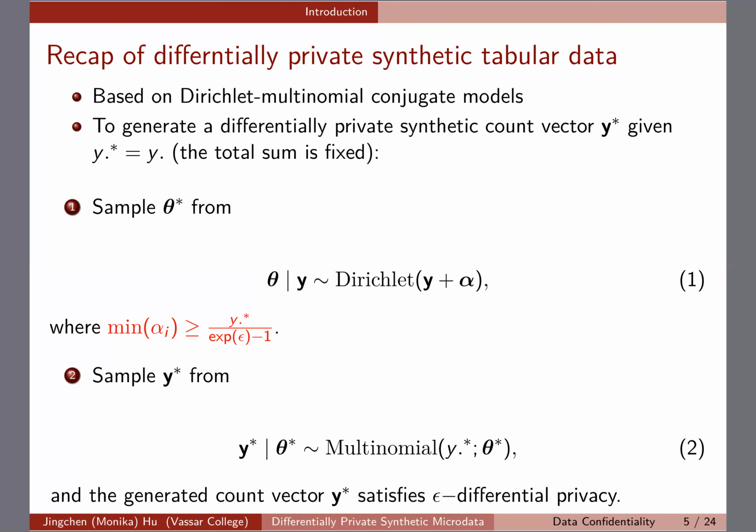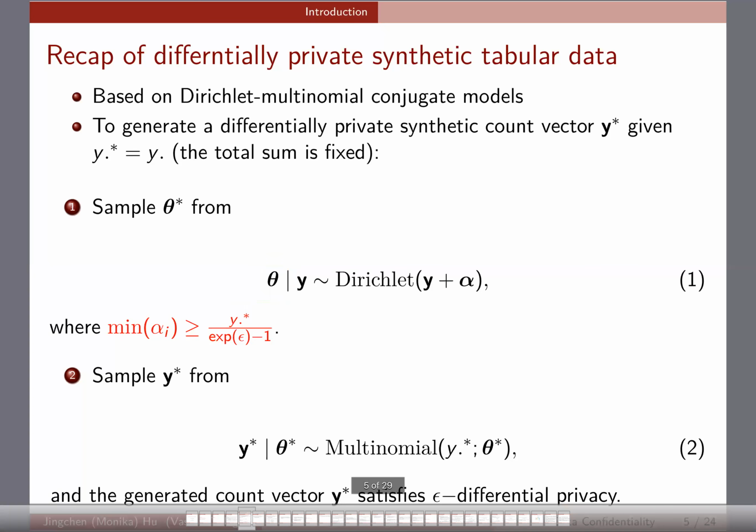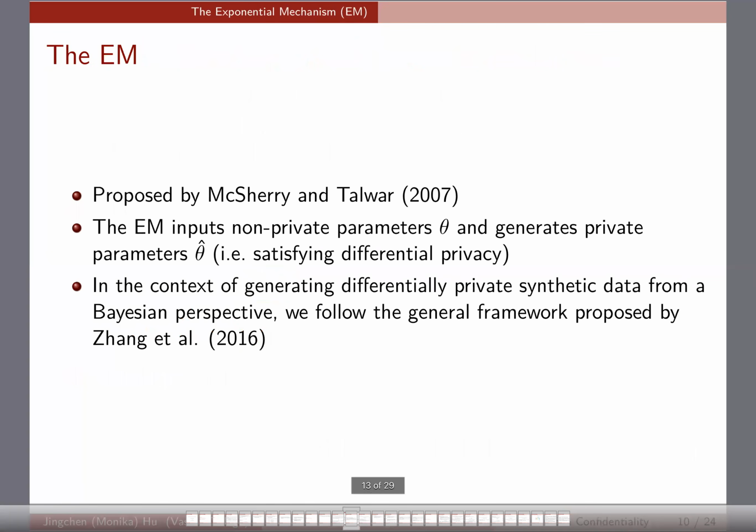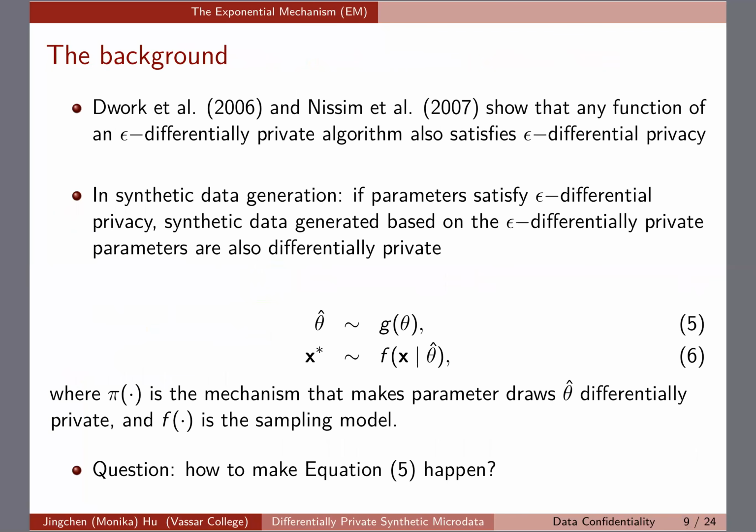Similar story, except earlier we didn't get the chance to emphasize it too much. In the context of micro level data, we also think about it in the same way. You can think of equation 5 as a mechanism that we're going to talk about how to make work. Then equation 6 is, if I have 1,000 different consumer units, I'm trying to synthesize differentially private income for each observation.